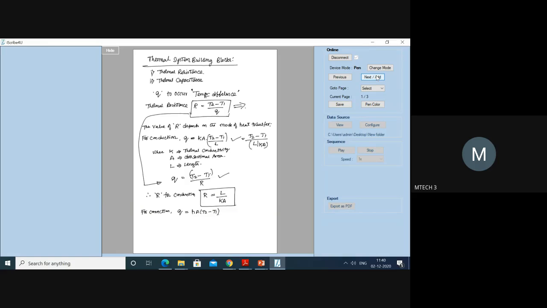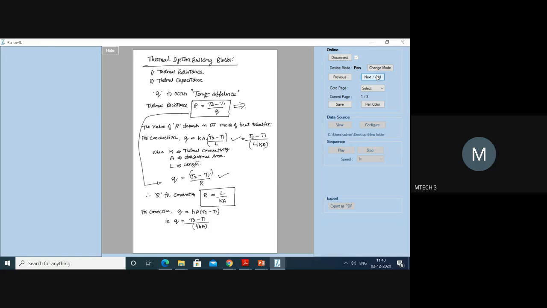Now rearrange: Q is equal to T2 minus T1 divided by 1 by HA. Correct? Yes or no? Yes, sir.